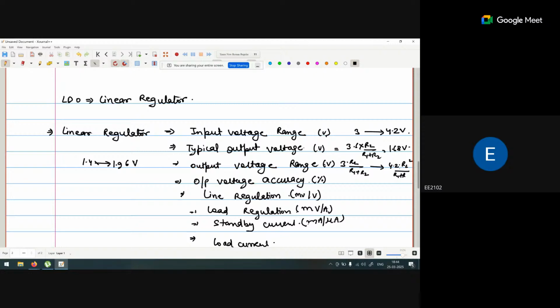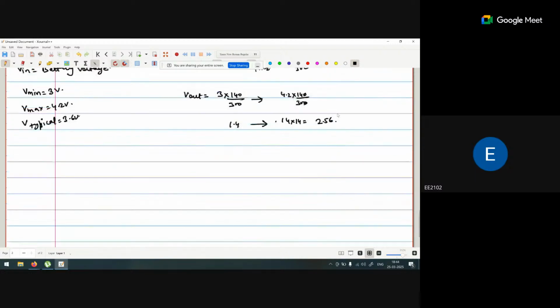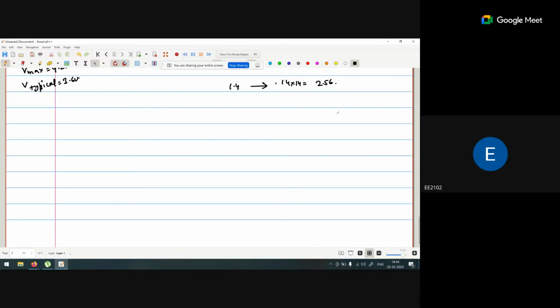Now, what is the accuracy? So basically, if R1 has the value of R1 and R2 has the value of R2, we know that V out is R2 upon R1 plus R2 times V in.